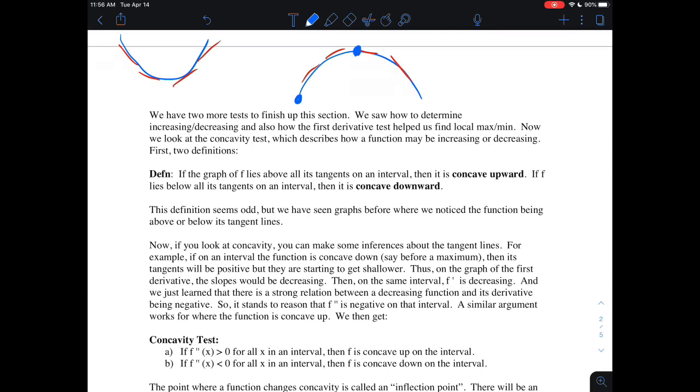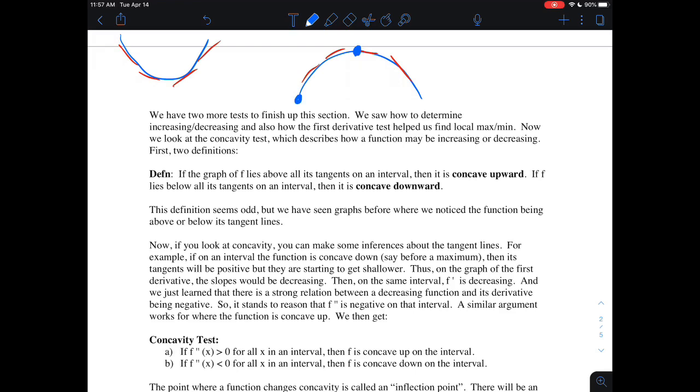Thus, on the graph of the first derivative, the slopes would be decreasing. They're getting smaller. Then on the same interval, f prime is decreasing. We just learned that there's a strong relation between a decreasing function and its derivative being negative. So it stands to reason that f double prime, the second derivative, is negative on that interval.